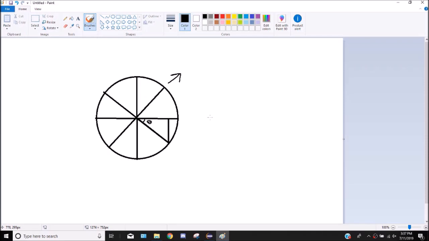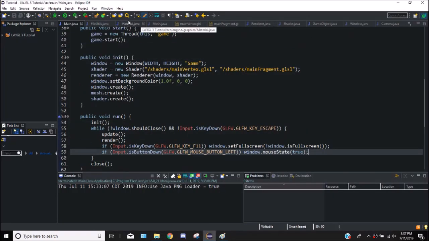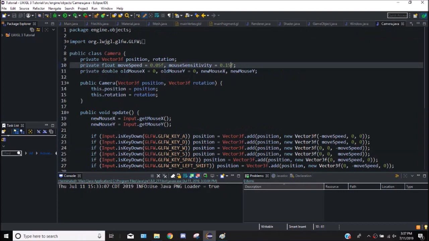And theta is just a Greek letter that's usually meant to symbolize angles. So with theta, and we know how long our move speed is, I'm just going to call this ms, and our move speed is a variable we set in our camera class.